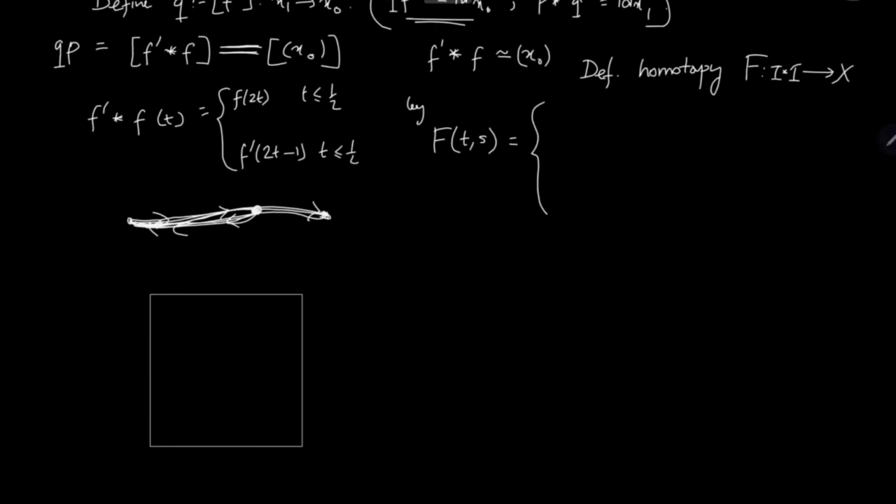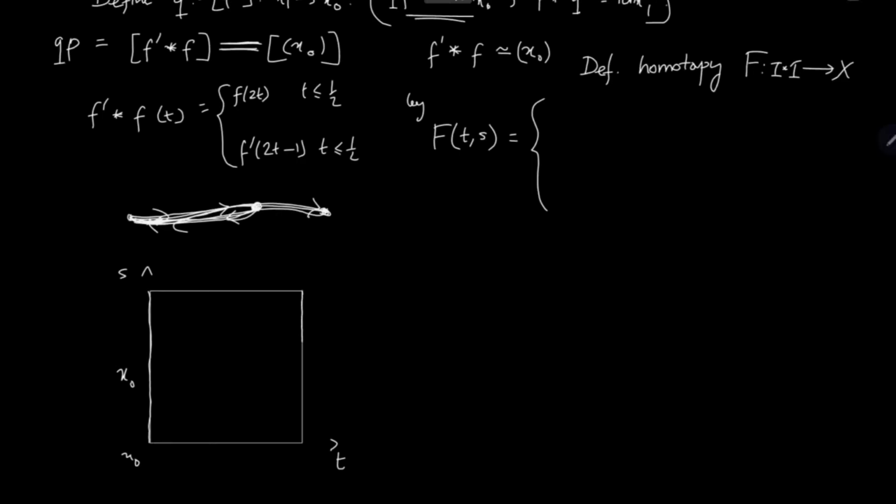This is the square of the homotopy. This is, let's say, the t axis, and this is, let's say, the s axis. So here all these points are x0, right? All of these points right here, these are all x0, and all of these points right here, these are all x1.